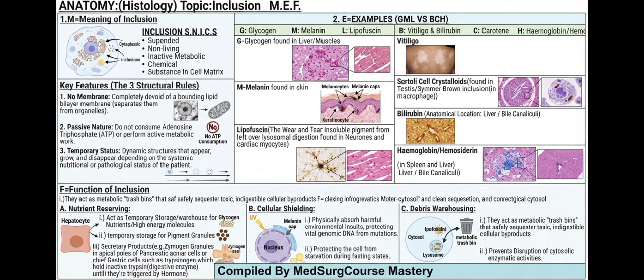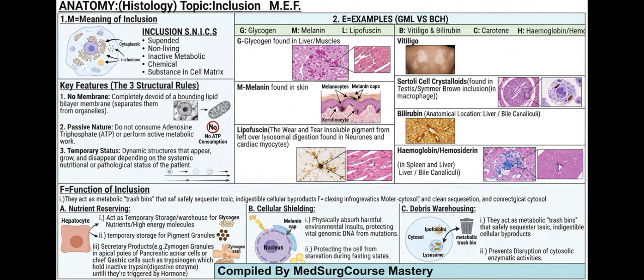Now, as we look at that, we said there are three acronyms. For the meaning of inclusion, we have SNCC. Inclusion SNCC, that's the meaning. For the example, we said GMLBCH. For the function, let's say it again. What did I say is the acronym for the meaning?